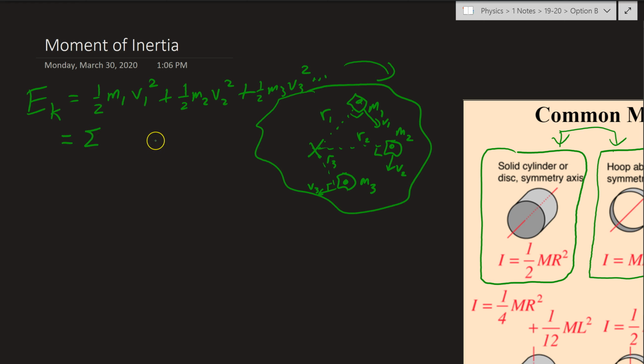So what that would look like, let's say I cut it into n chunks, however many chunks it takes, n, and I do a sum from i equals 1 to n of 1/2 mi vi squared. This term would be the kinetic energy of that whole object.